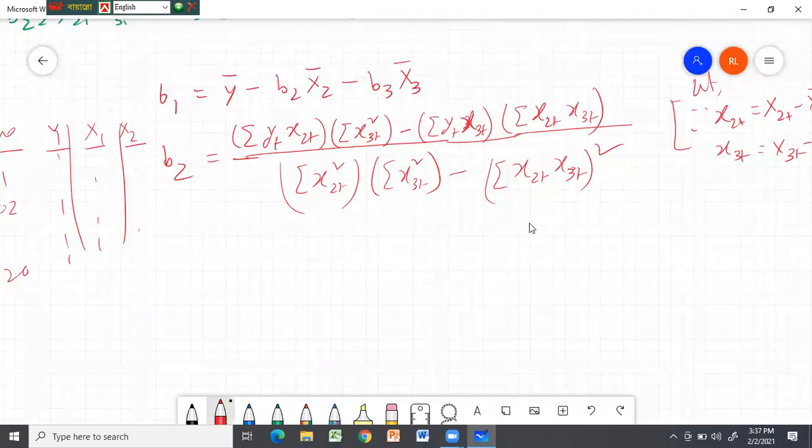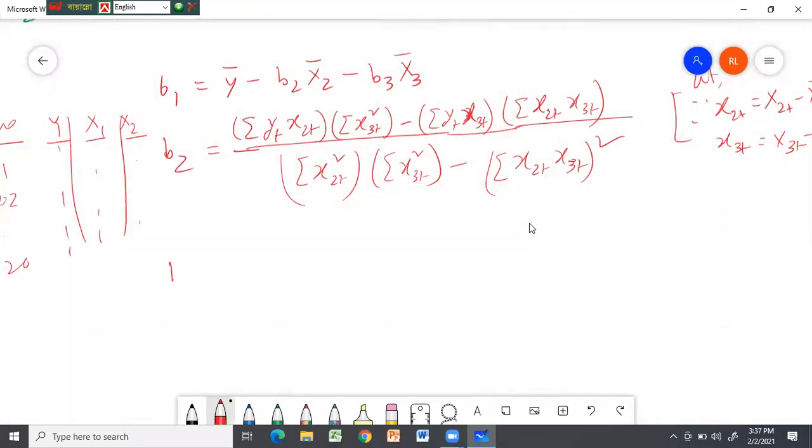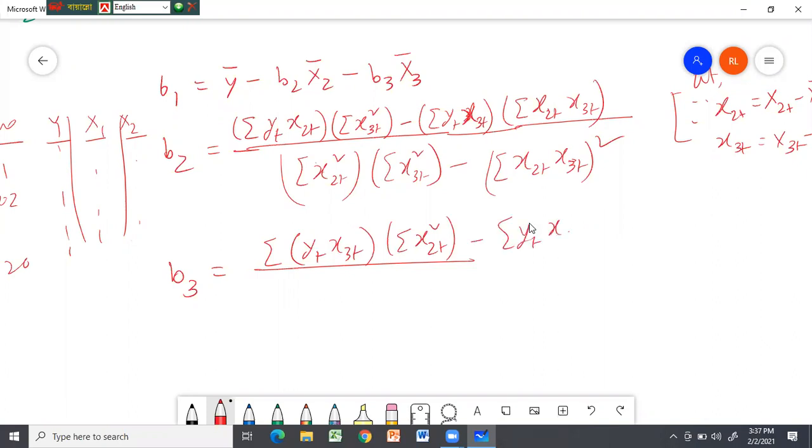And then the value of B3 will also be calculated with the summation of yt into x3t, because in the earlier case you used x2t, and here it would be the summation of x2t square, minus the summation of yt into x2t into the summation of x2t x3t.